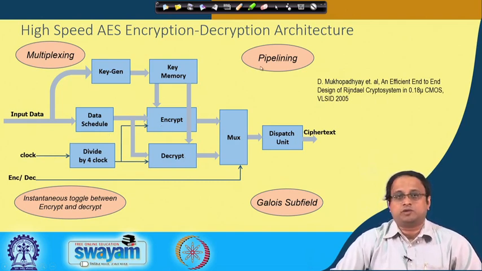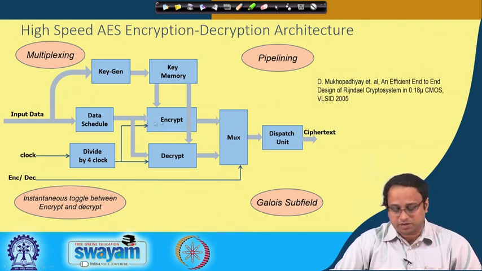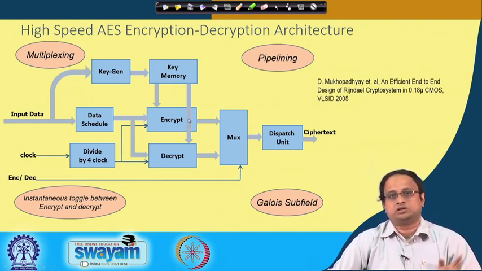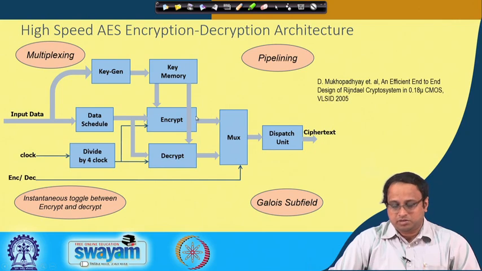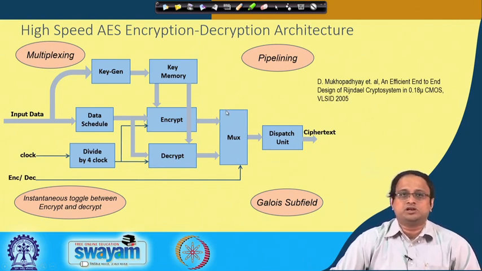You can also try to adopt pipelining, say pipelining the encryption unit in a round by round manner. But remember that when you are doing pipelining, yes, the throughput will increase, but you will not be able to support certain modes of encryption. For example, you can reflect on this point: when you do pipelining, there is no advantage when you want to have cipher block chaining, or what is called CBC.